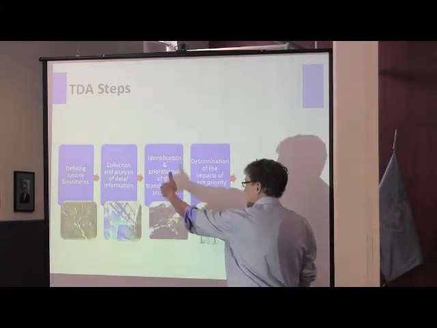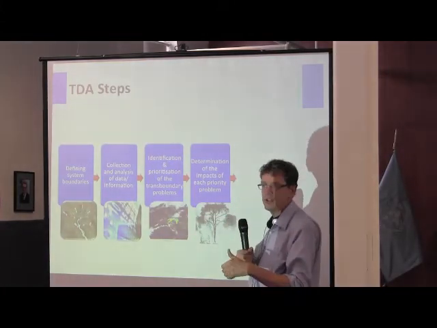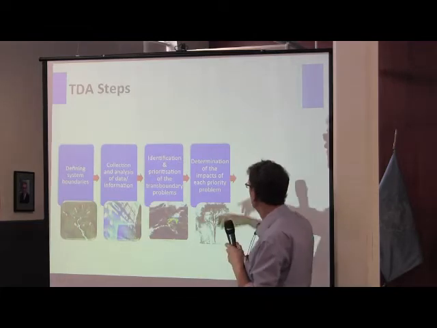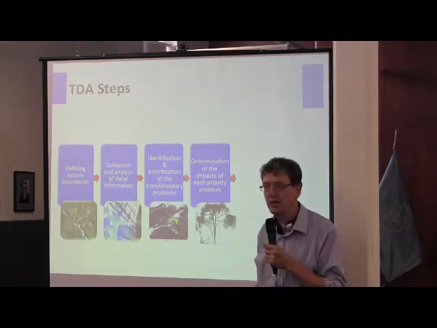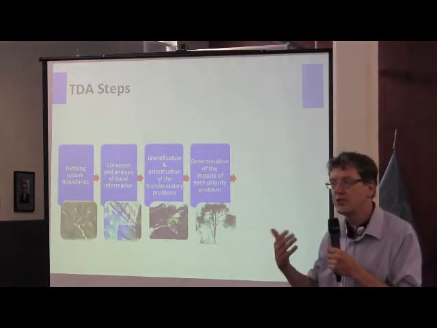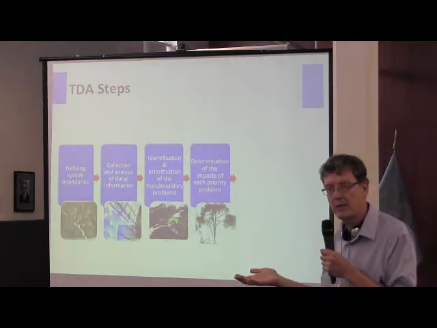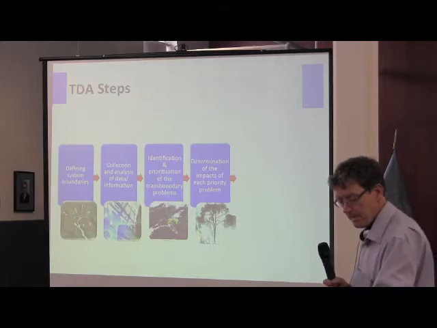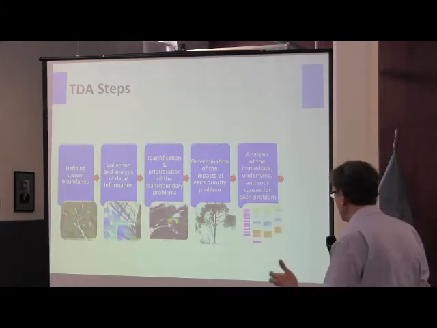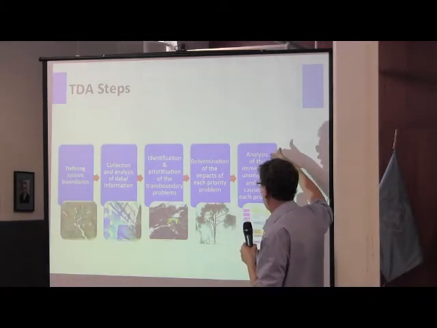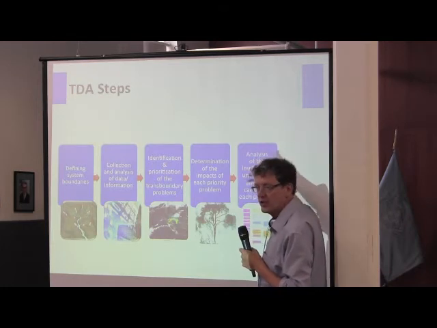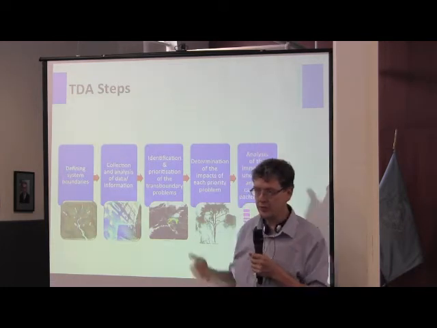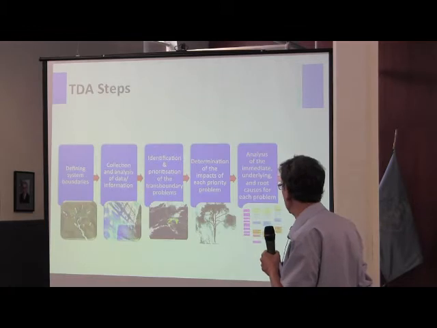Then, for each of the transboundary problems that's been prioritised as being high priority, we want to determine what the impacts are. What we want to do is understand what the social and economic impacts are and what the environmental impacts are. And then we want to analyse what the causes of those transboundary environmental problems are.